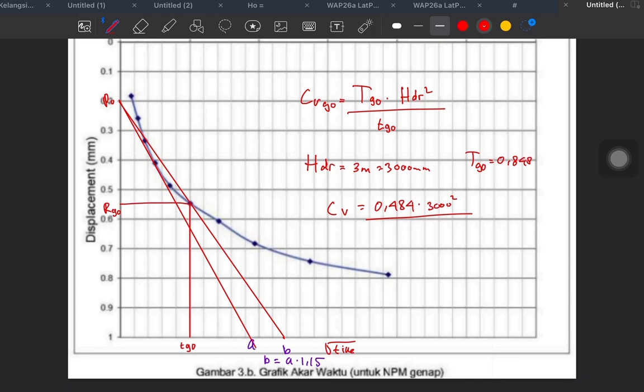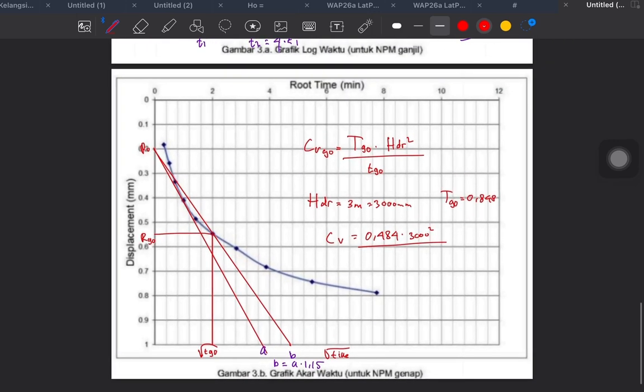Since the T90 is in root form, we have to calculate the T90, the root of 2. After we calculate the formula with the value for each parameter, we can get the coefficient of 90% consolidation with the Taylor method.